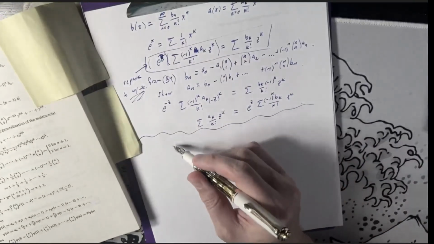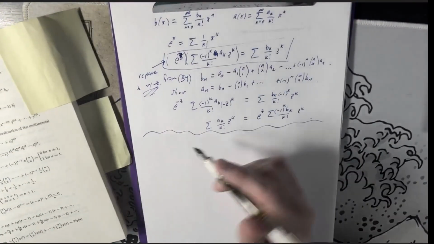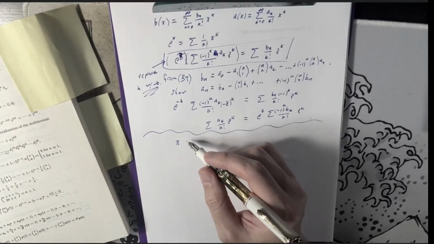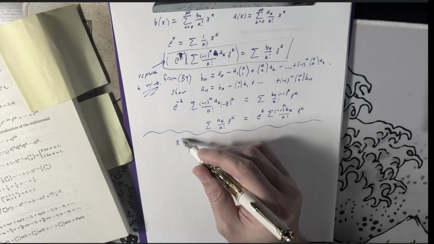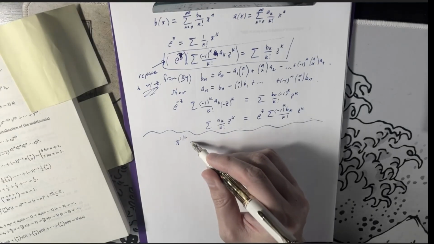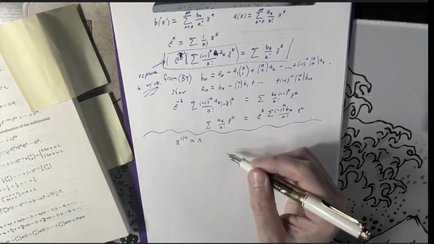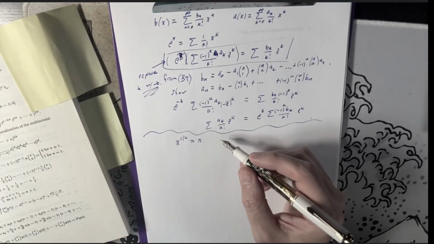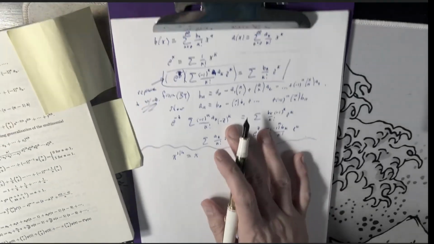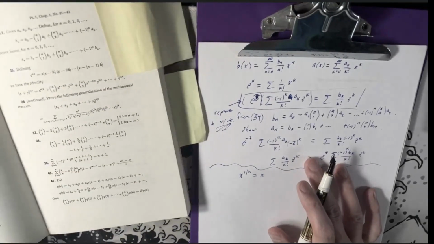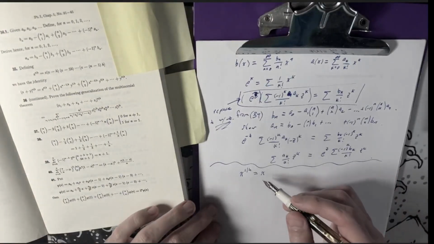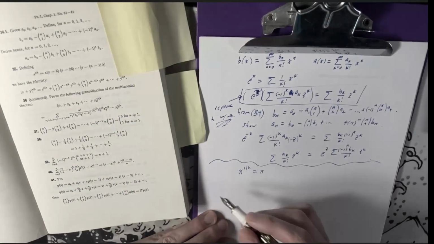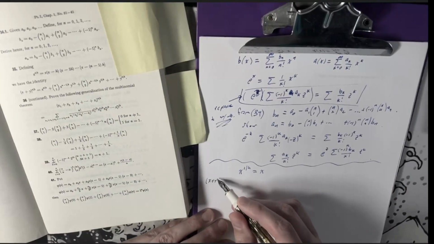So the way I did this was I just noticed, first of all, well, I guess for instance, x to the 1 given h is an x. Okay. And then I started playing with what this would be to different powers.